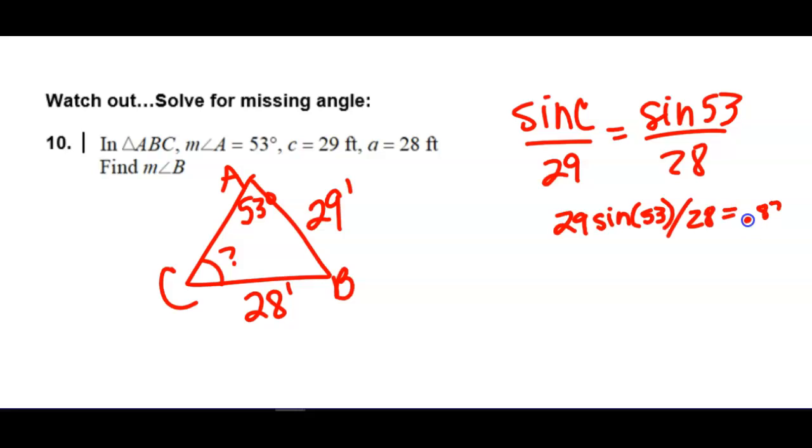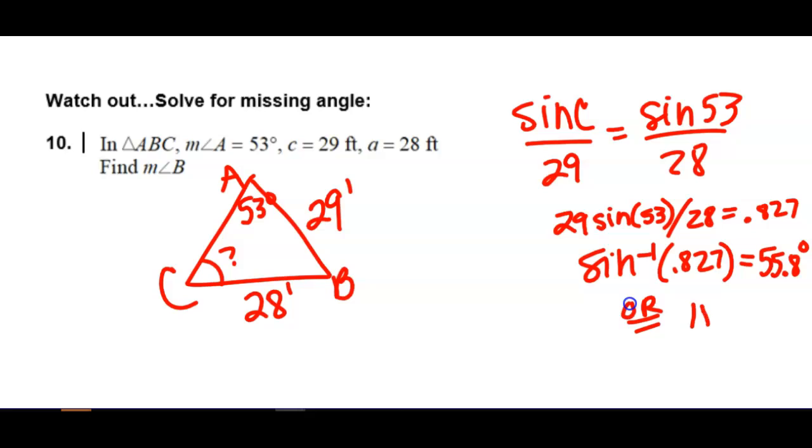is 0.827. And then when we go to do inverse sine of 0.827, there are two angles that have that same value. One is acute, inverse sine 0.827. I got 55.8. I used the whole decimal. But remember, we're supposed to also do 180 minus 55.8 and see if that's possible.